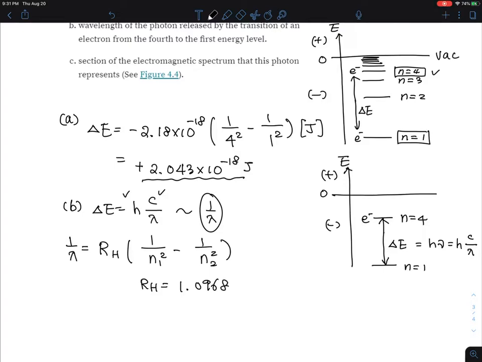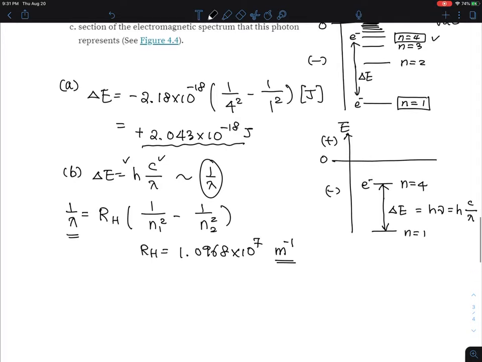And R_H is 1.0968 times 10 to the 7 inverse meter. That's a matching unit, an inverse meter, for the wavelength of the light. So 1 over lambda is now R_H, with the energy level difference between 4 and 1.